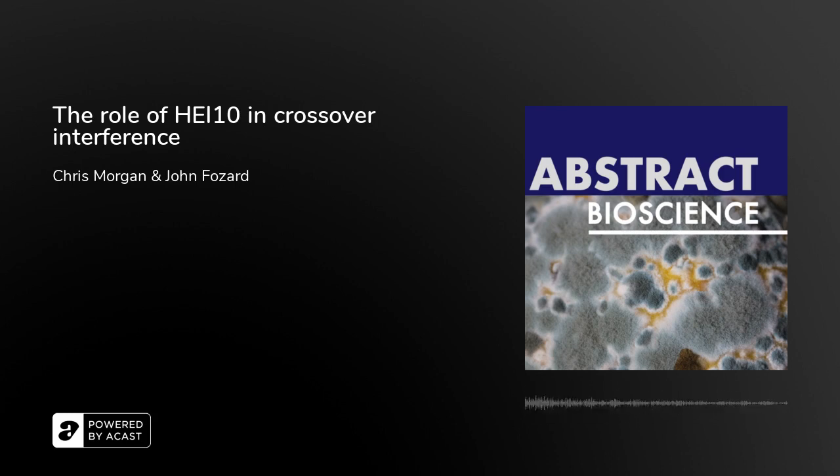So, you have this great new paper together, which broadly is about this phenomenon of crossover interference. So, as a starting point, could you first define what crossover interference is for us? So, I guess I'll start with the history of crossover interference. Crossover interference was first identified over 100 years ago in some of the earliest genetic linkage experiments in fruit flies in a famous lab in Columbia State University.